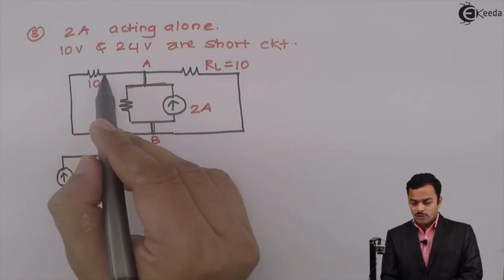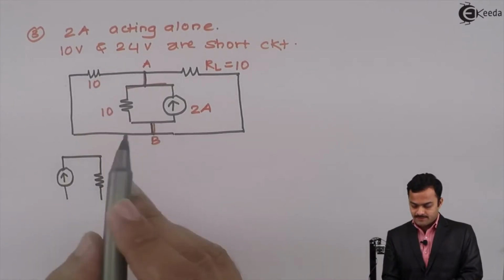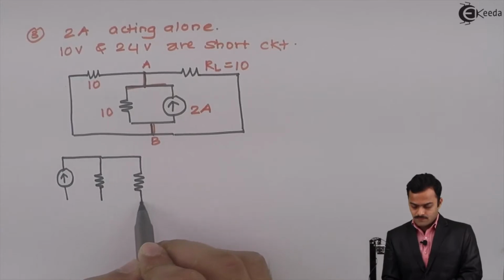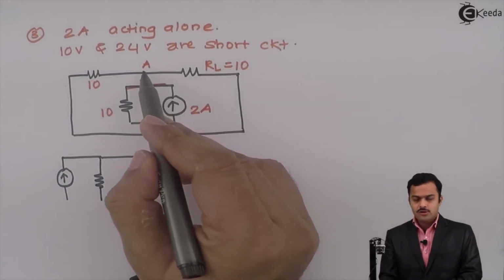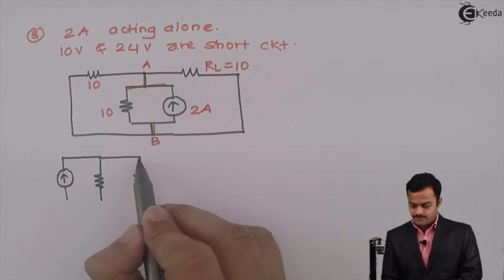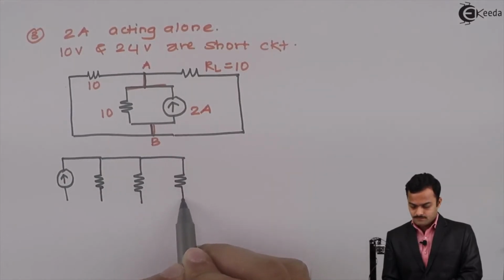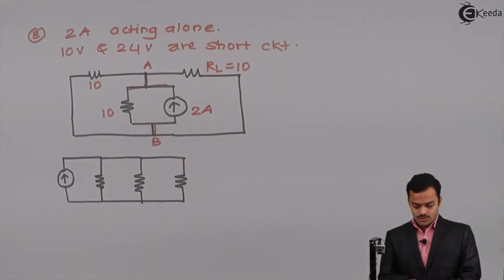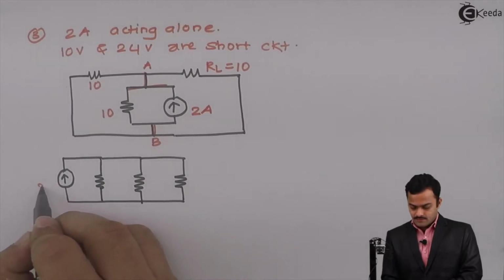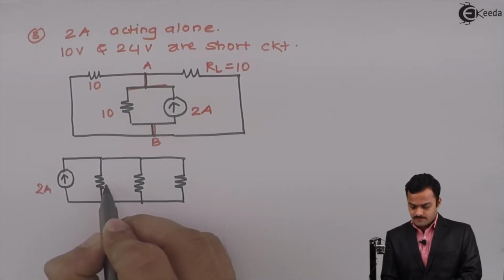This 10 ohm is also present between points A and B. And finally, RL is also present between points A and B. So I will get a circuit once again the same as the previous one.